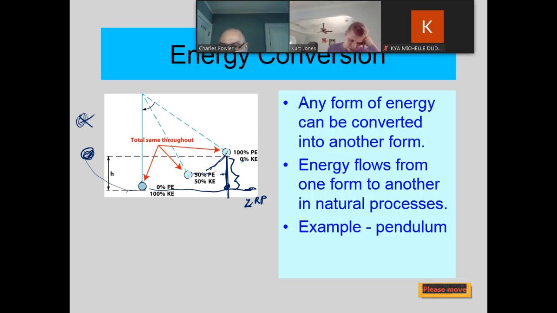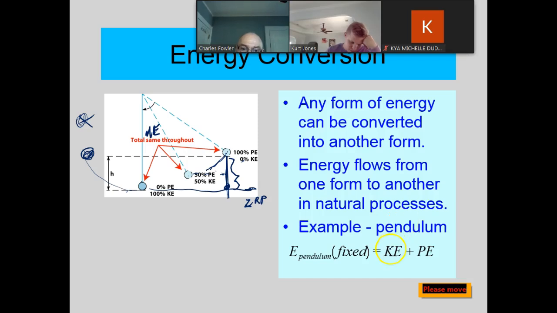When they say the total mechanical energy is the same throughout the experiment... Any questions? Okay, here it is. The total energy of the pendulum is fixed.